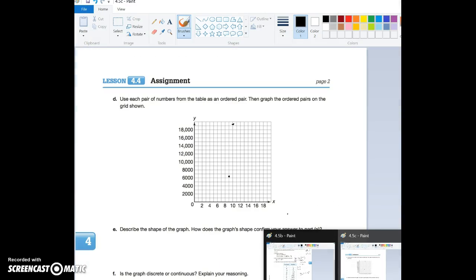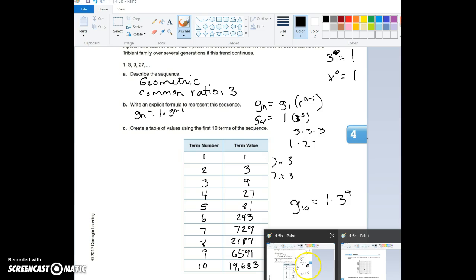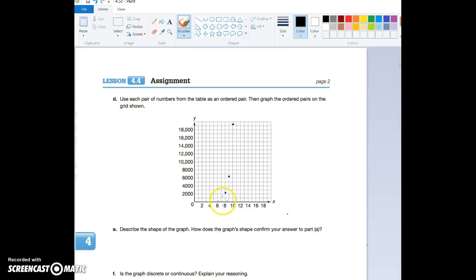It's closer to 2,000 than it is to 3,000, so I'm going to put it right about there. And then my 7th is 729, so it's going to be close to 1,000, so I'll say it's right about there.